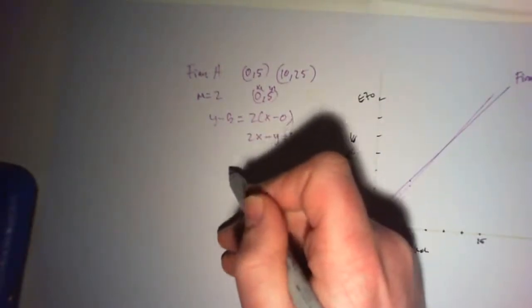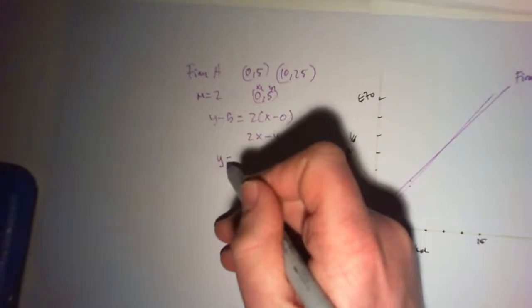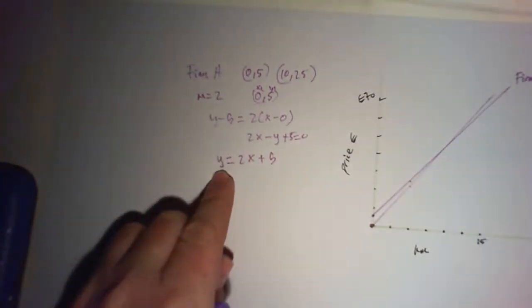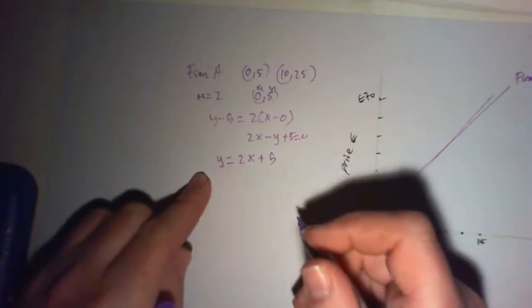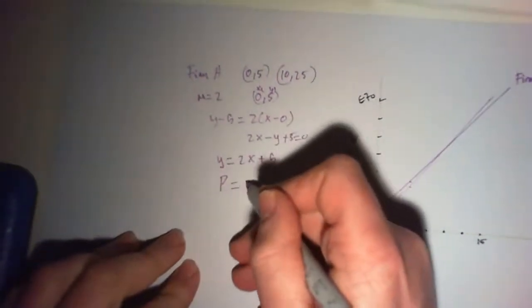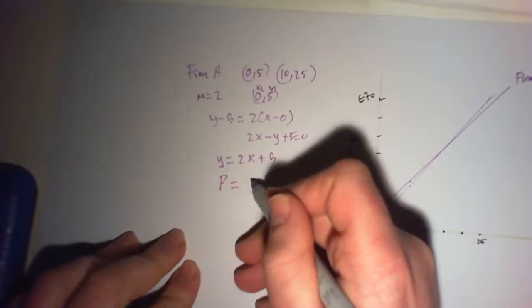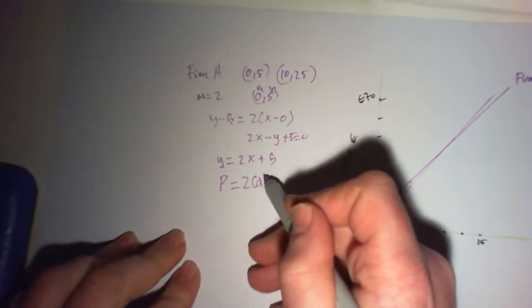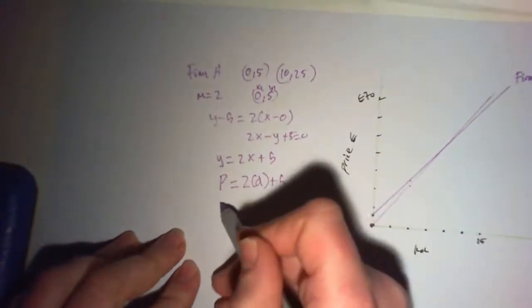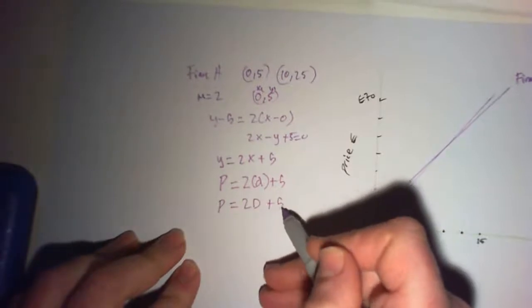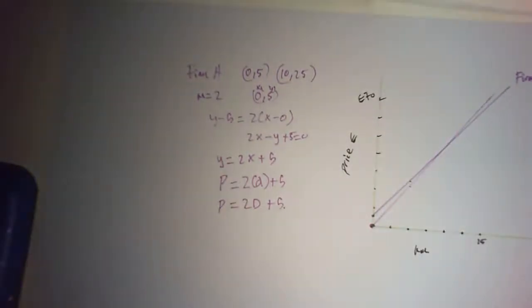It's actually going to be y is equal to 2x plus 5. But now we want to convert it from y into price, don't we? So price is equal to twice the distance plus 5. If you want to do it in capitals, price is equal to 2d plus 5. That's done. Okay, so we're going to do the same thing now for the other fella.